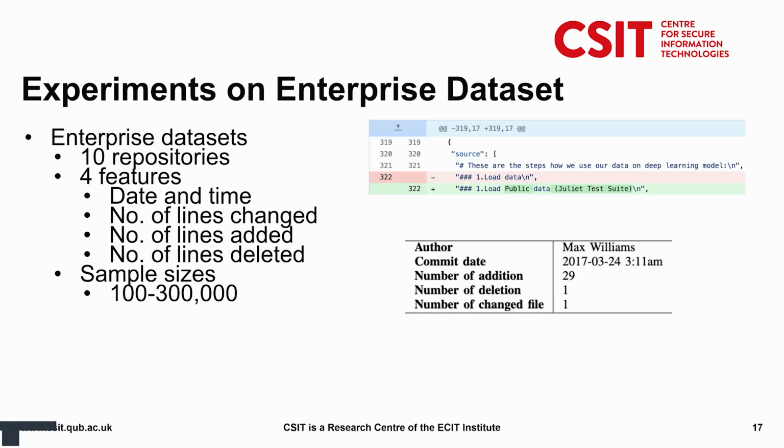And the features we picked from the commit include these 4 features: what time and date the commit was made, the number of lines changed, the number of deletions, and the number of additions. And the number of commits from those 10 repositories varies from 100 to 300,000.